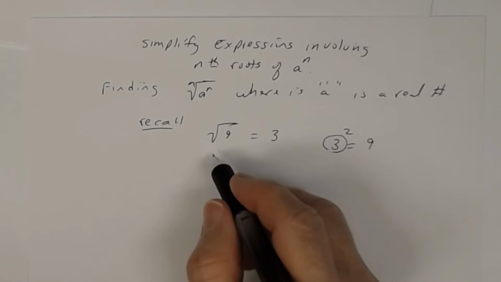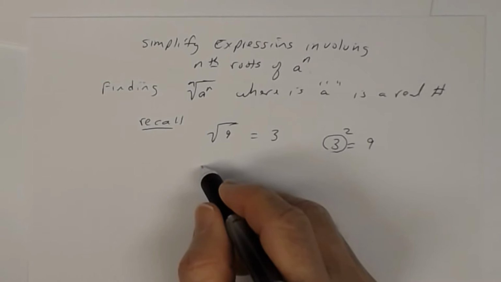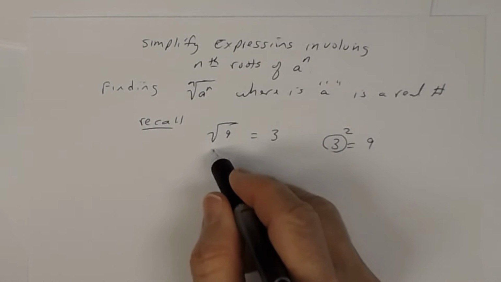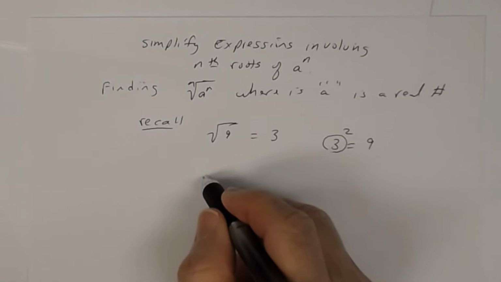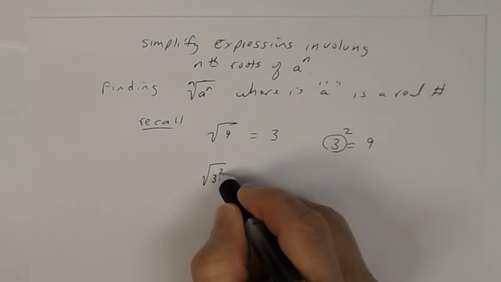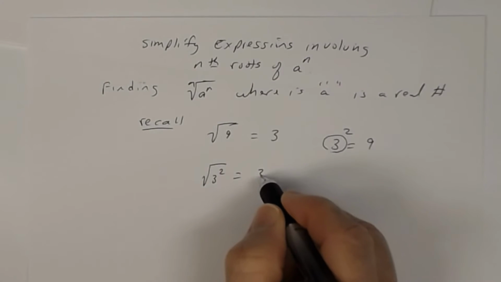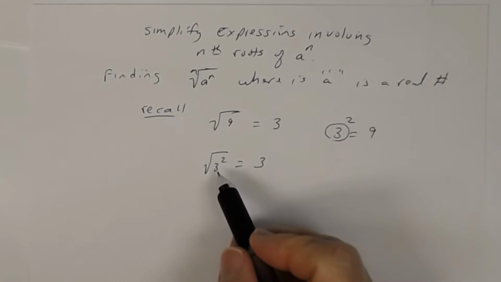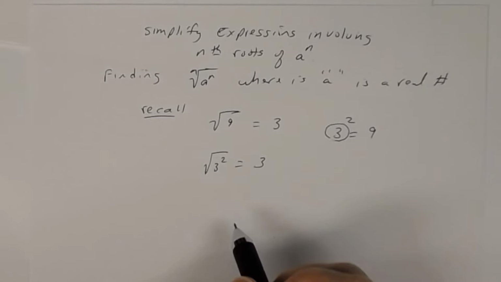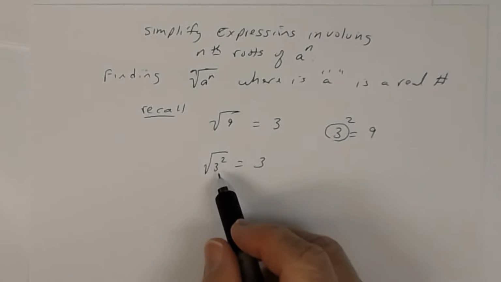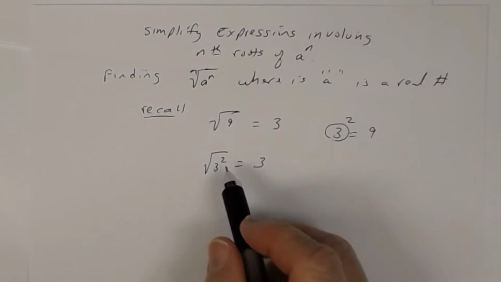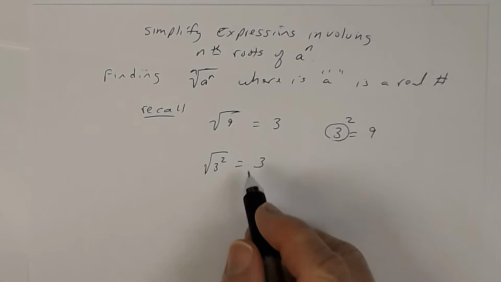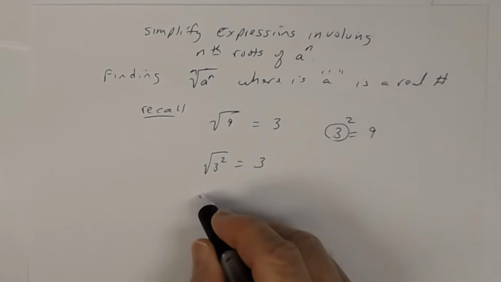You also agree that if I rewrite the square root of 9 as the square root of 3 squared, that's equal to 3? Because isn't 3 squared the same thing as 9? And so the square root of 9 is 3, so the square root of 3 squared is also equal to 3.